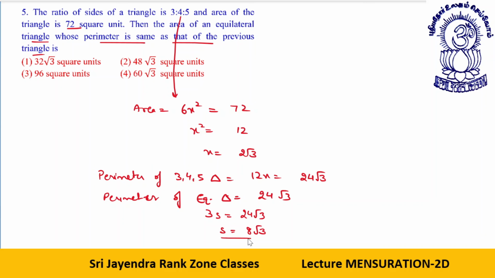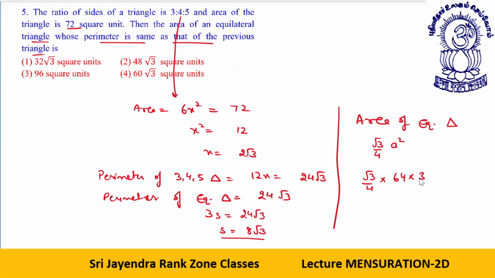Area of an equilateral triangle is root 3 by 4 a square. a square is 64 into 3, so the area is 16 into 3 root 3, which is 48 root 3. Option number 2 is your answer.